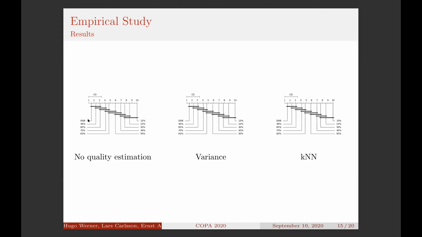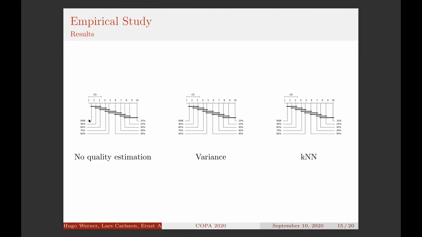So here you see that the OOB method differs from using 70% of the data, as these are not connected. So it follows this nice pattern where the rank actually follows the amount of data used for training. And as you can see, they're all similar as well.